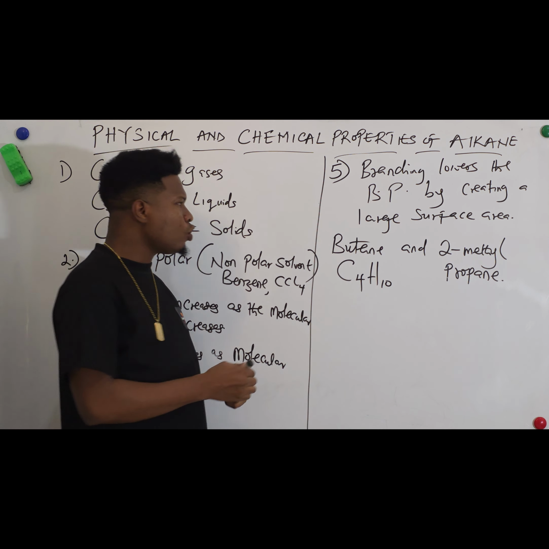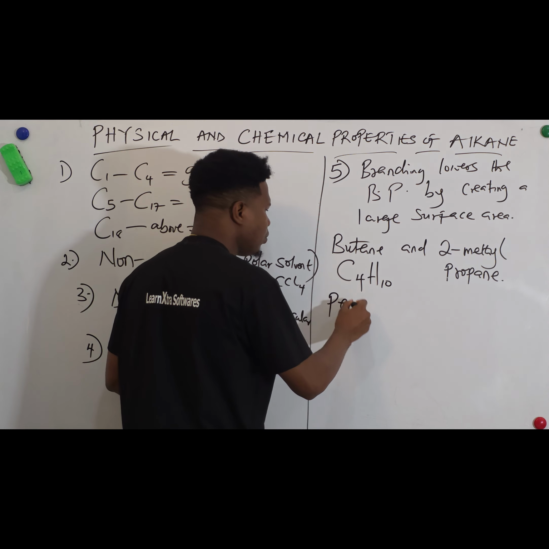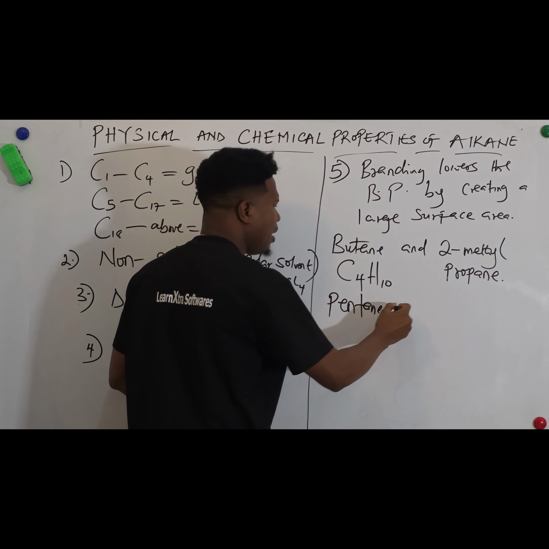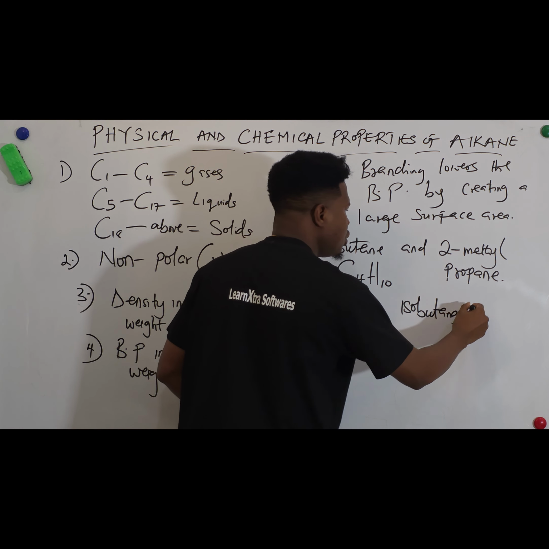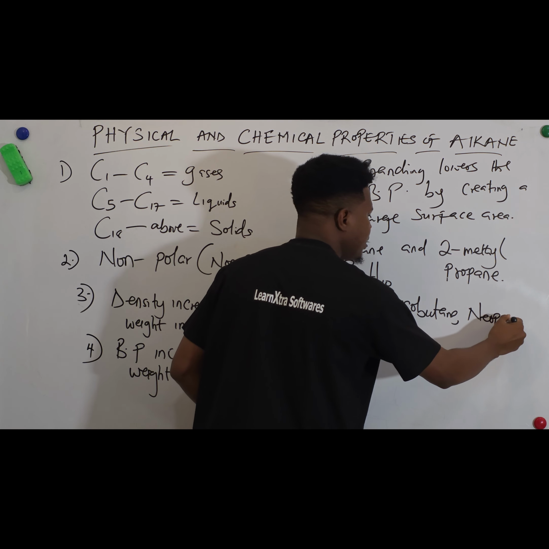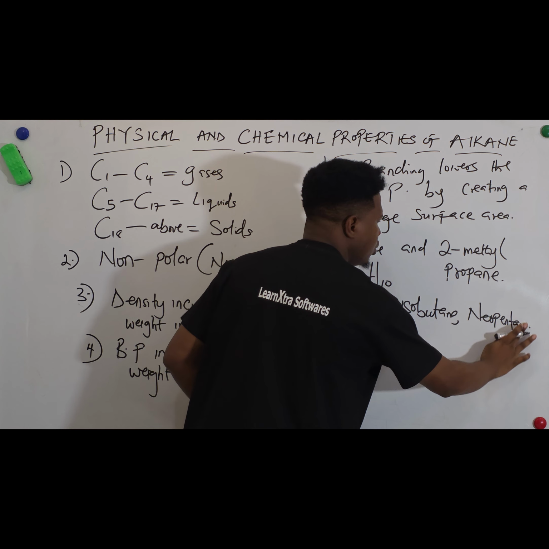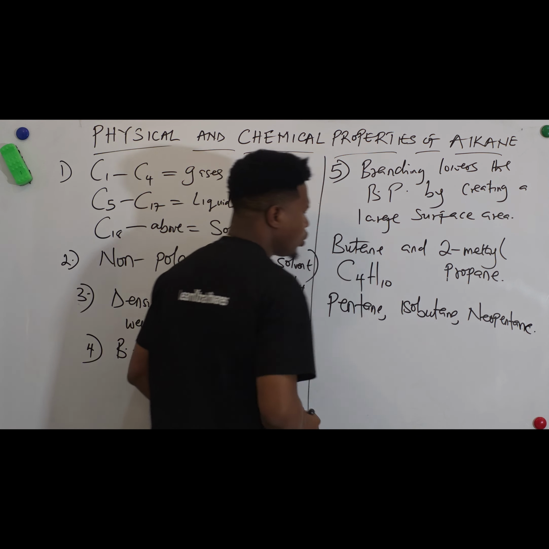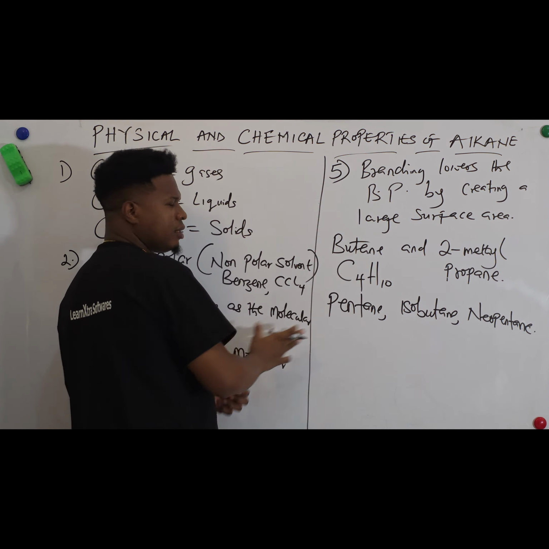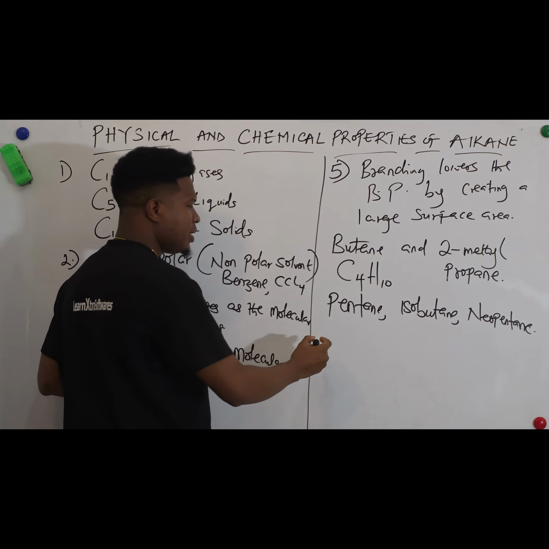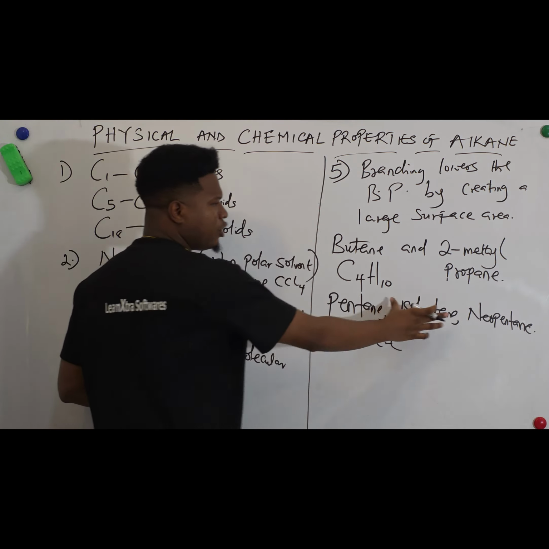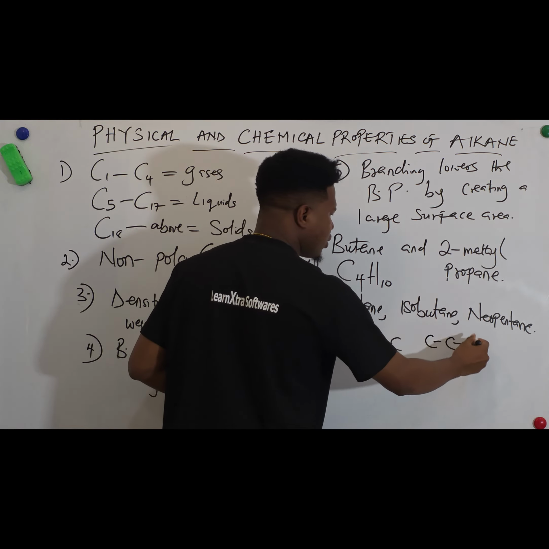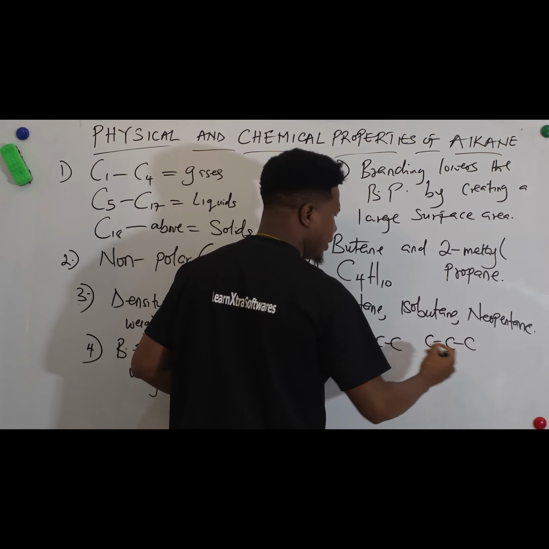The same goes for pentane. When we talk about pentane, we have isopentane and neopentane. Pentane does not have any branch. This is 1, 2, 3, 4, 5. This is pentane. But isopentane, sorry, I said isobutane, it is isopentane, is one of the isomers of pentane.